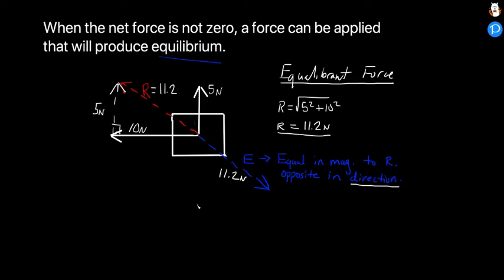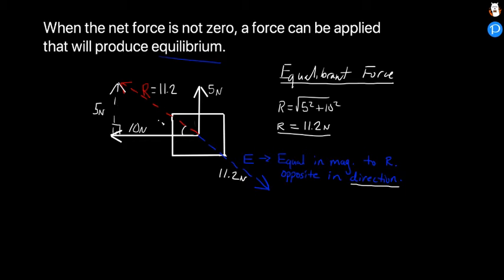It has to be at an exact specific angle in order to cancel out this 11.2 newtons. So the first thing I have to do is come back up to this triangle here, use trigonometry to figure out maybe this angle first, and then from there I can figure out what angle I have to put this force at.